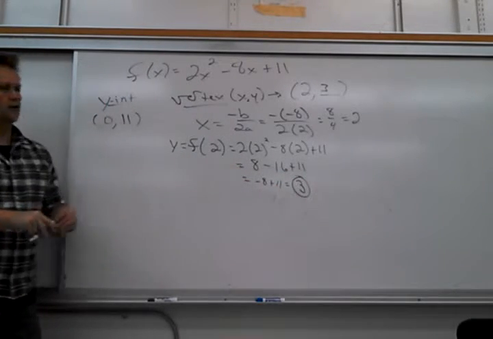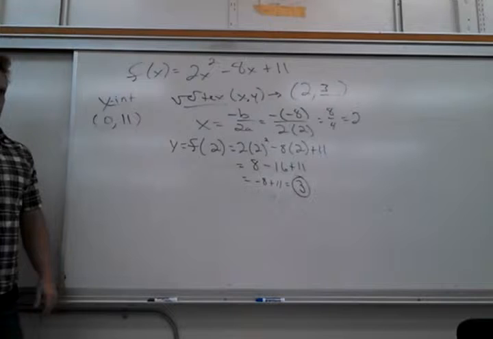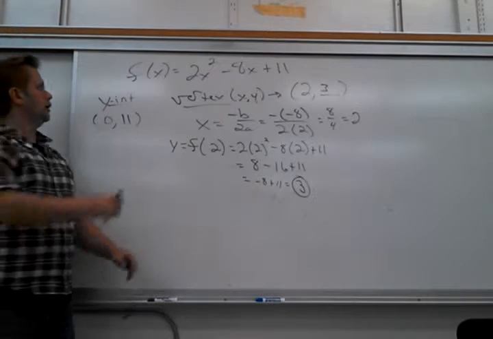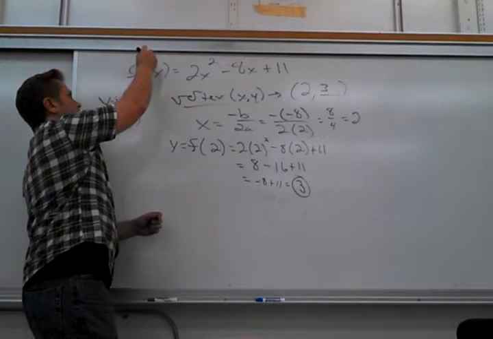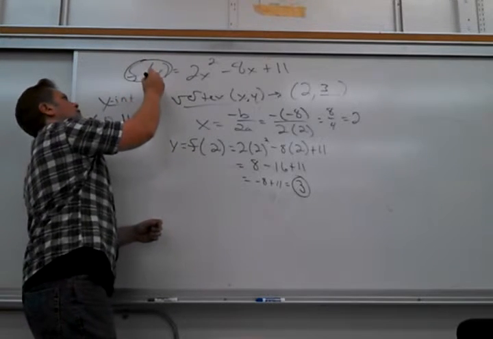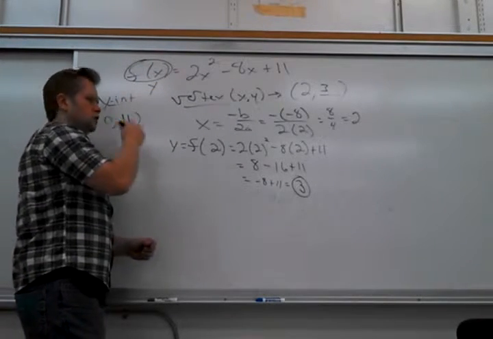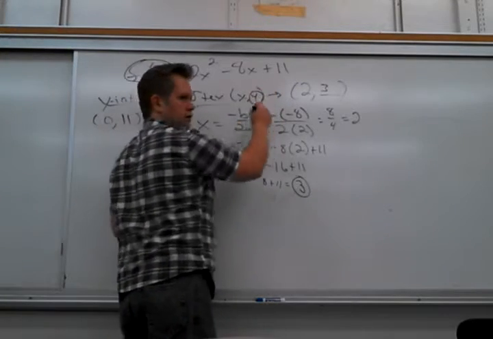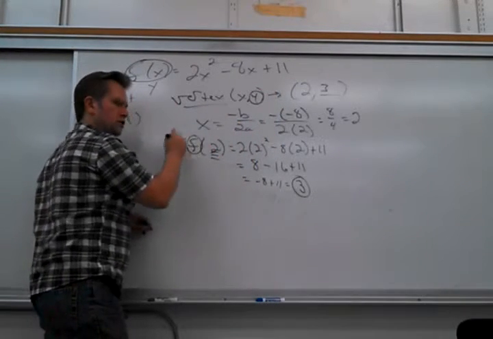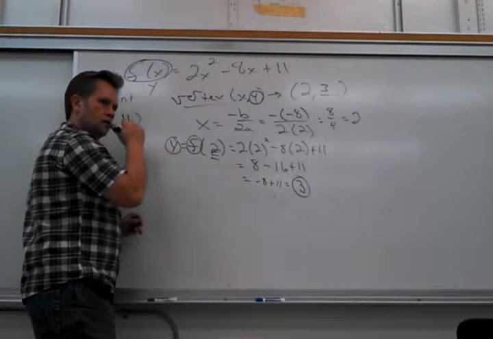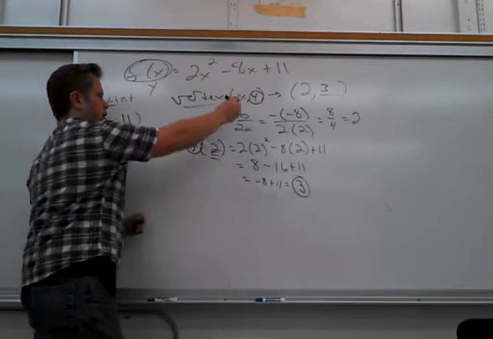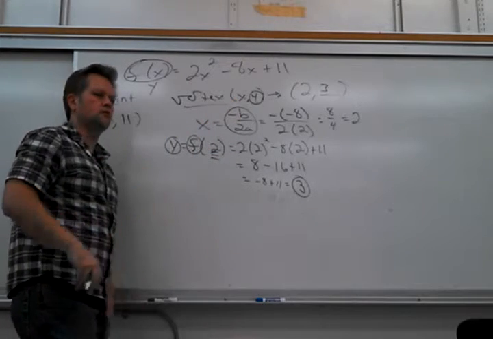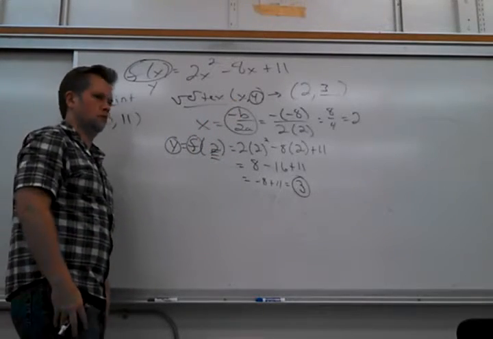Wait, where did you get that y equals? Okay, just plug a 2 in to get y. Because what did this take the place of? So to get the y piece of the vertex, I just plug 2 into the function. First you solve for x using that shortcut, negative b over 2a, and then you come up with an answer.